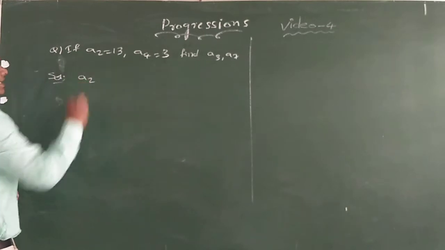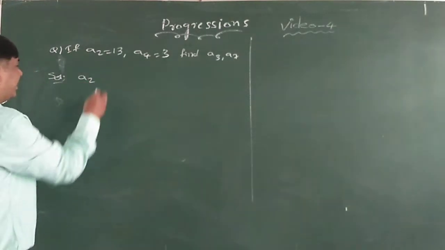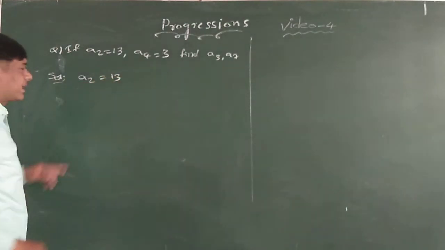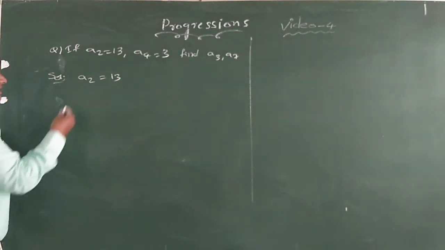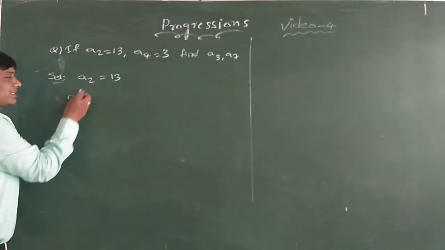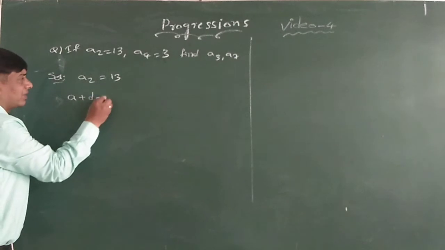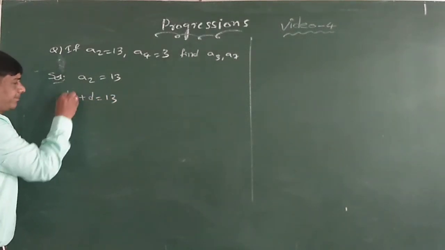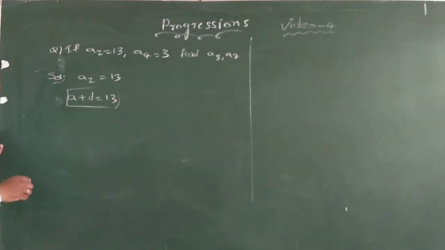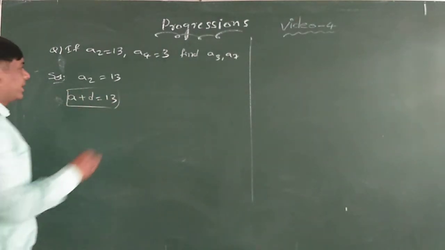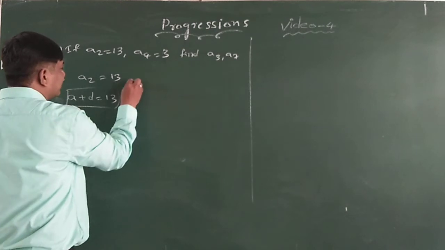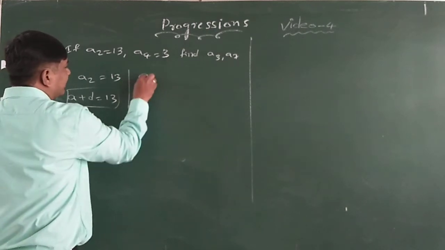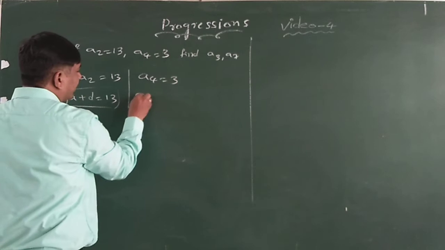A2 is nothing but the second term of AP, which is 13. A2 means the second term, A plus D is equal to 13. Here A is also an unknown quantity, D is also an unknown quantity. Equation. Okay. And another one is A4 is equal to 3.